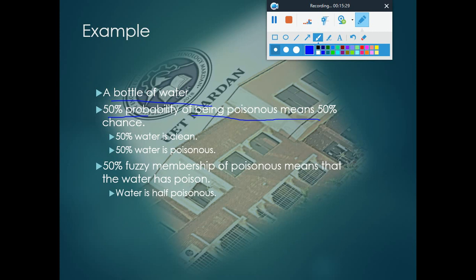While a 50% fuzzy membership of poisonous means that the water is half poisonous. So in probability we deal with a chance, while in fuzzy logic the characteristic we associate with the object actually exists up to some extent.